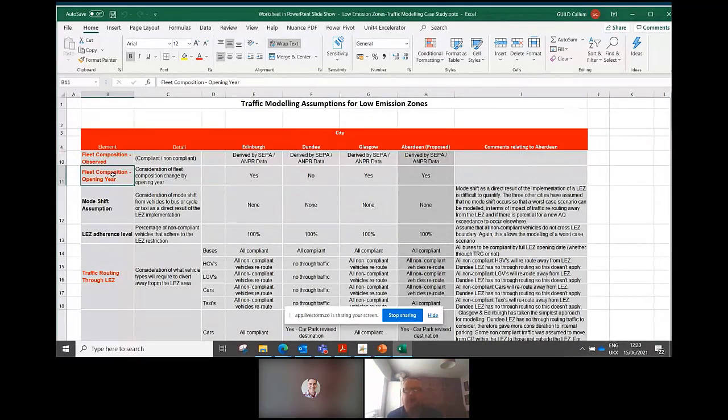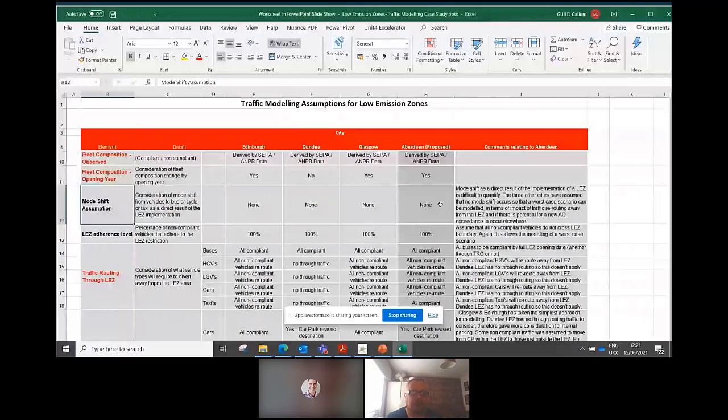What would that compliance level be in 2024 if people keep improving their vehicles, and so the emission levels go down? So we took account of that as well. We didn't include any mode shift assumptions in terms of moving from traffic to bicycles. This wasn't across any of the other models. It's trying to keep as many things consistent as possible as part of the assessment.